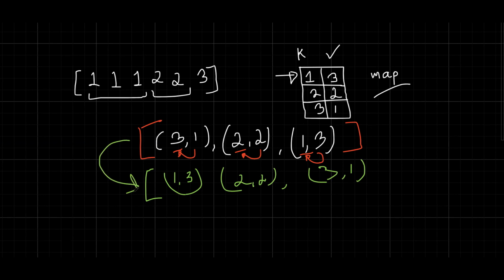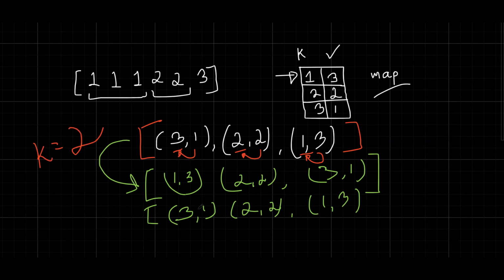Now, if we reverse this array, the array will become 3, 1, 2, 2, and 1, 3. Now, as for the first input, the value of k is 2. So we will take the first 2 elements. Here, we will take the second element, which is 1 and 2. So now our answer is 1 and 2.